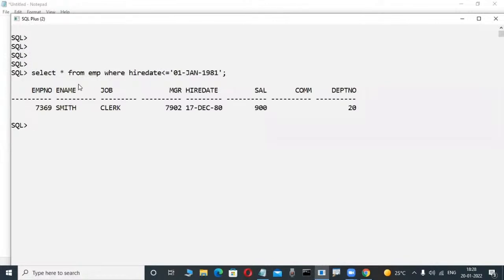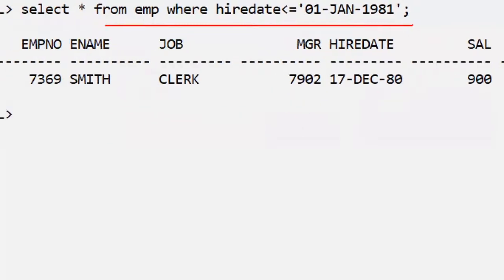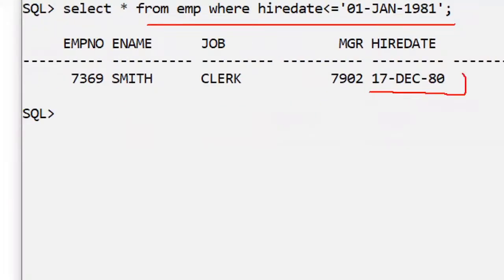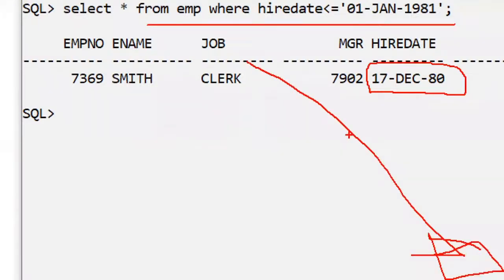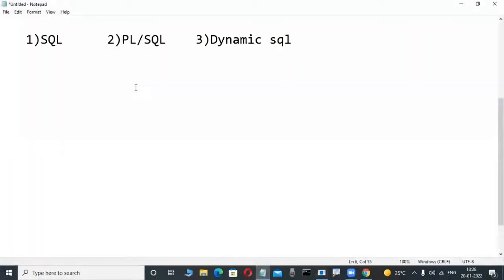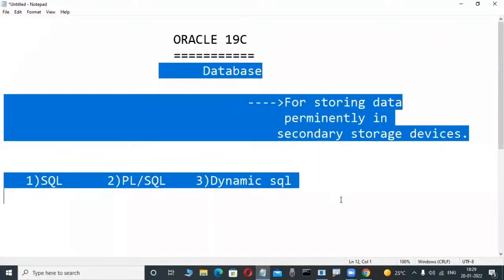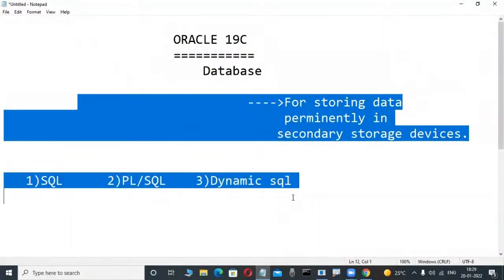Just by writing the query, data is displayed automatically. With a single line of code, the employees who joined before 1981 are automatically retrieved from the database. That's why efficient data retrieval is most powerful, and it is possible only through these databases and these languages.